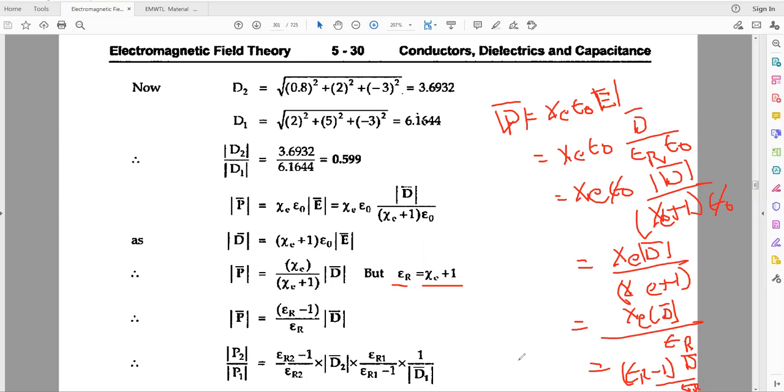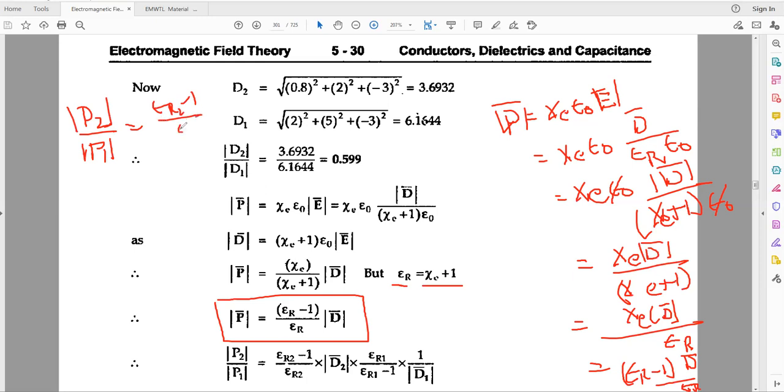Now there is a function we got, P bar in terms of D. Now they are asking for the ratio of the polarization P2 by P1 magnitude. What is the P we got? Epsilon R minus 1 by epsilon R, meaning epsilon R2 minus 1 by epsilon R2 into D bar magnitude, whole divided by epsilon R1 minus 1 by epsilon R1 times D magnitude.